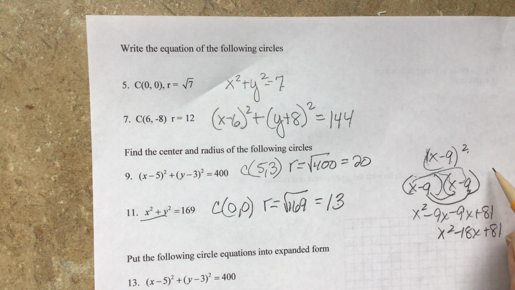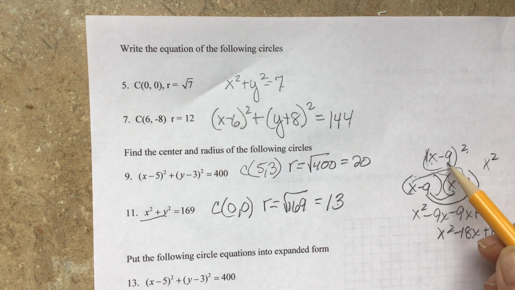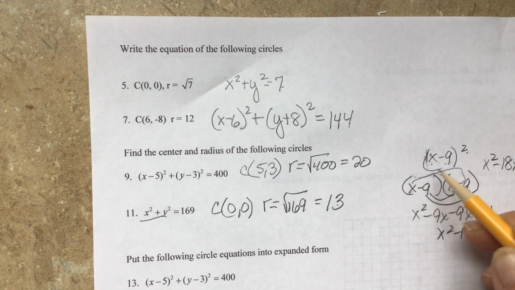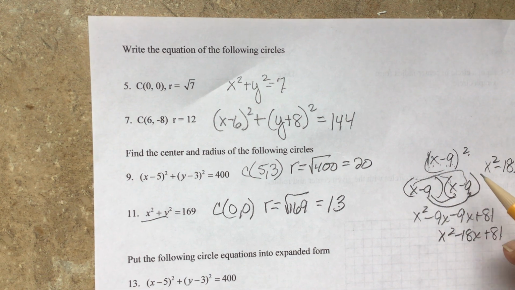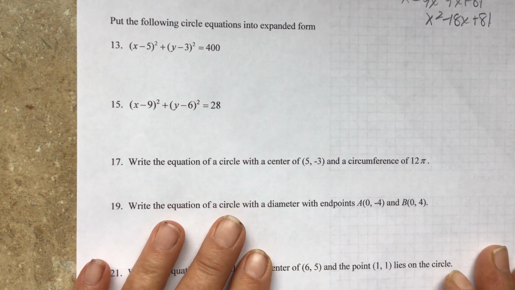The pattern is square it, double this, minus 18, pop the x on, and then square it. Negative 9 squared is positive 81. This is called a perfect square trinomial because it consists of a binomial squared. Okay, so now let's go back to where we were.